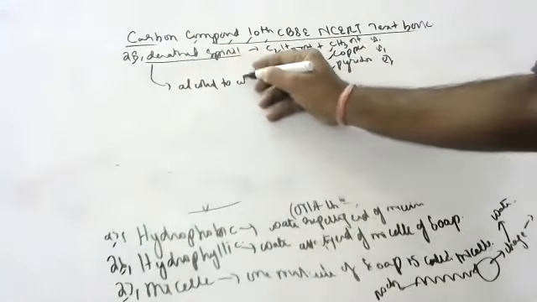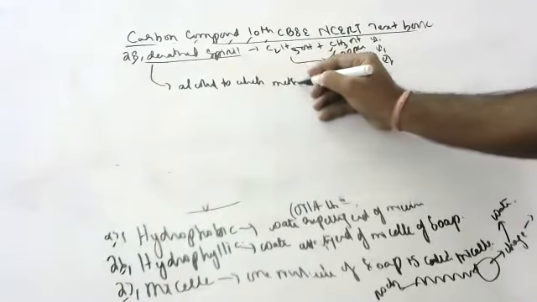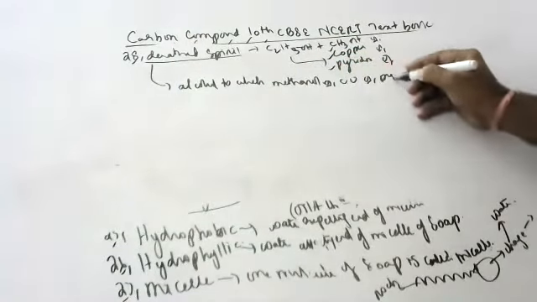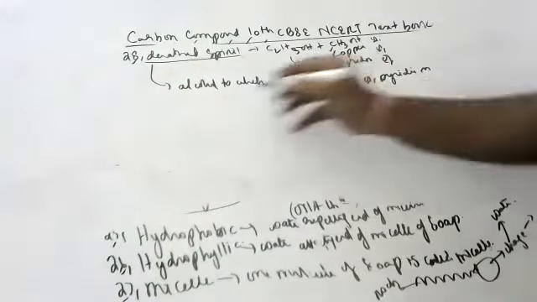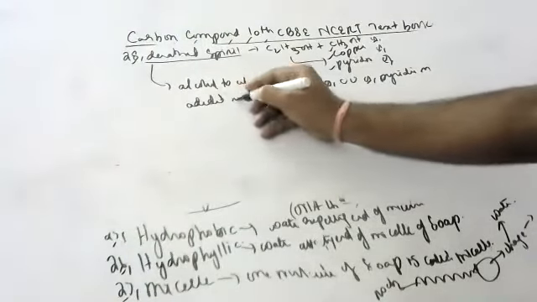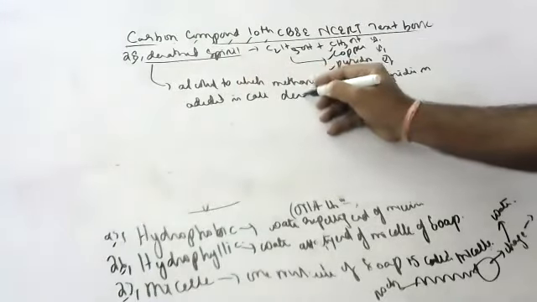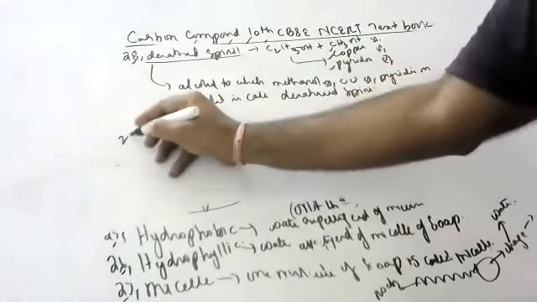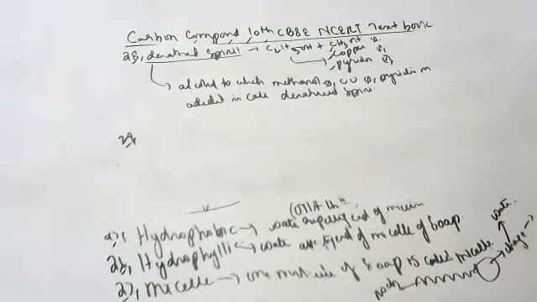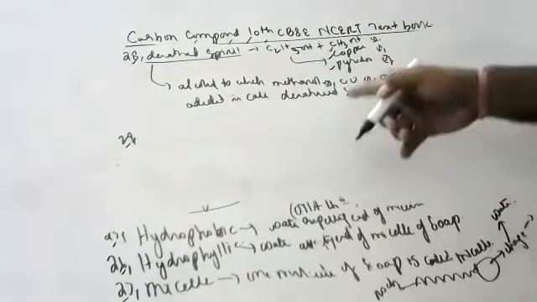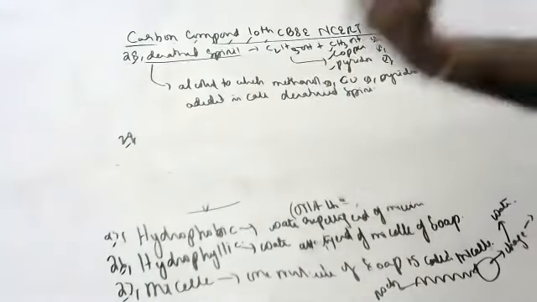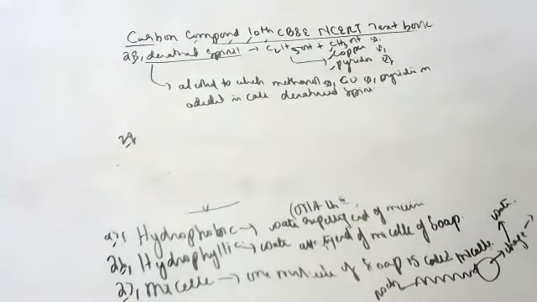This is important: alcohol to which methanol or copper or pyridine is added is called denatured spirit. Why do they add it? To make it toxic, to prevent misuse of alcohol.